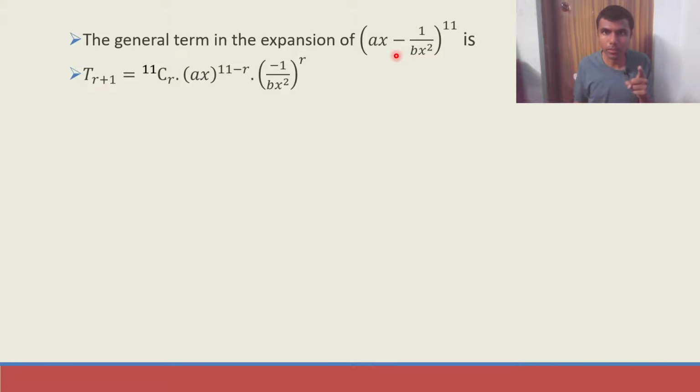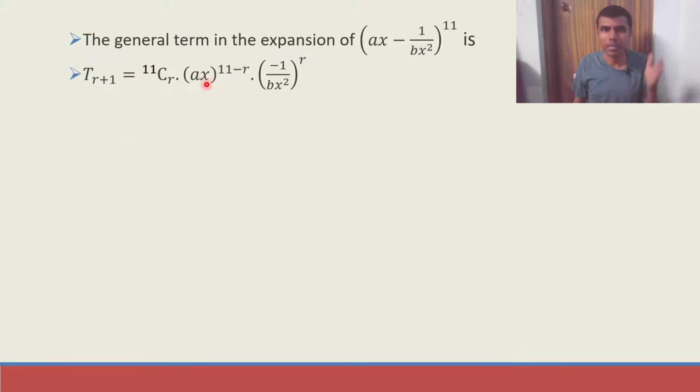Guys, don't forget this. Minus you should not neglect. So the second term is minus 1 by bx square, so minus 1 by bx square power r. Same thing, the basic funda is the same as the previous one. Now, again, we need to simplify this. Stay focused, guys. So 11Cr, same process.